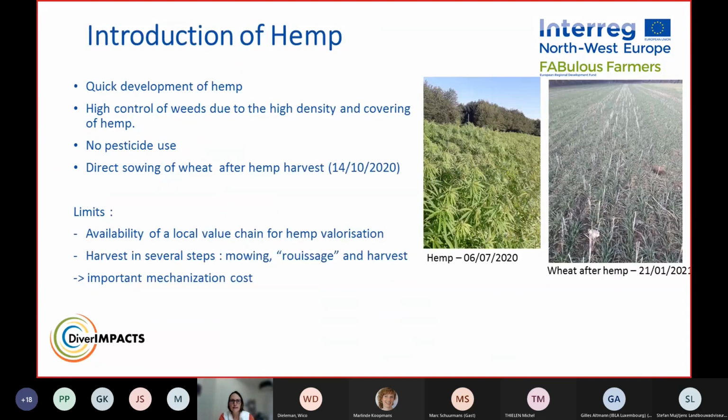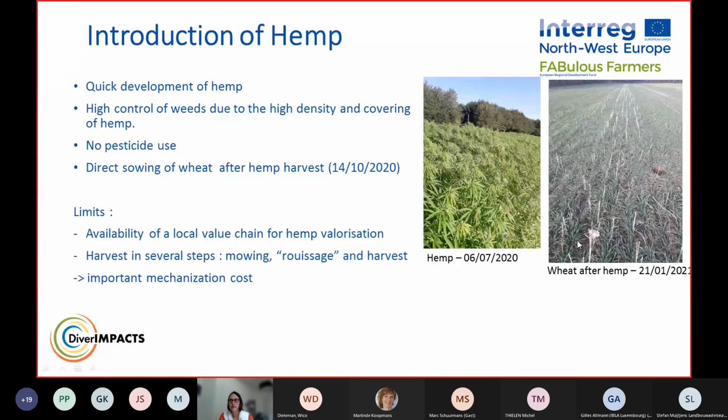And the last example is the introduction of hemp for its quick development and high control of weeds due to the high density and covering, with no pesticide used. And after the hemp, we can also sow wheat direct.